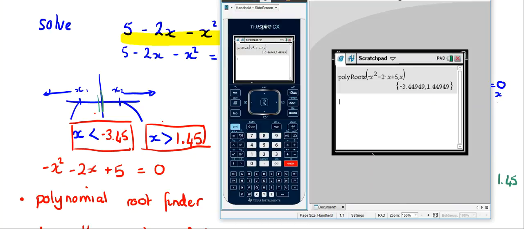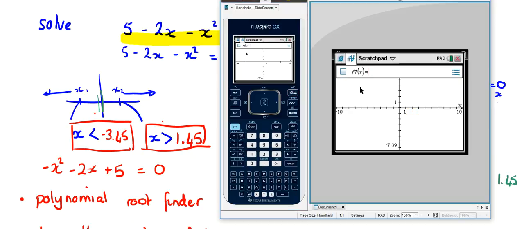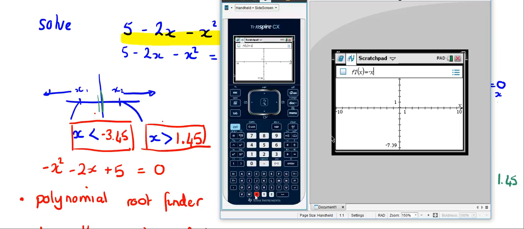Right, let's just go through then. How would you do the same thing, just find the same numbers but using graphing instead? So we go back here, we use graph. So minus x squared, subtract 2x, and then plus 5.